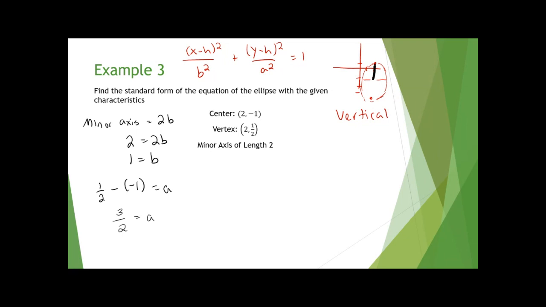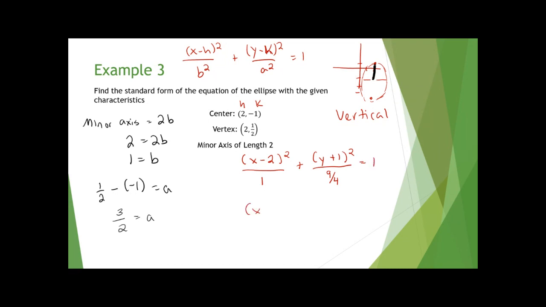So now we have our b and our a, so now we can plug it into our formula. Our center is h and k, so x minus 2 squared over b squared, so that's 1, plus y, oops, it's supposed to say k, not h, y minus -1, so that's y plus 1 squared, over a squared, so that's going to be 9/4, equals 1.